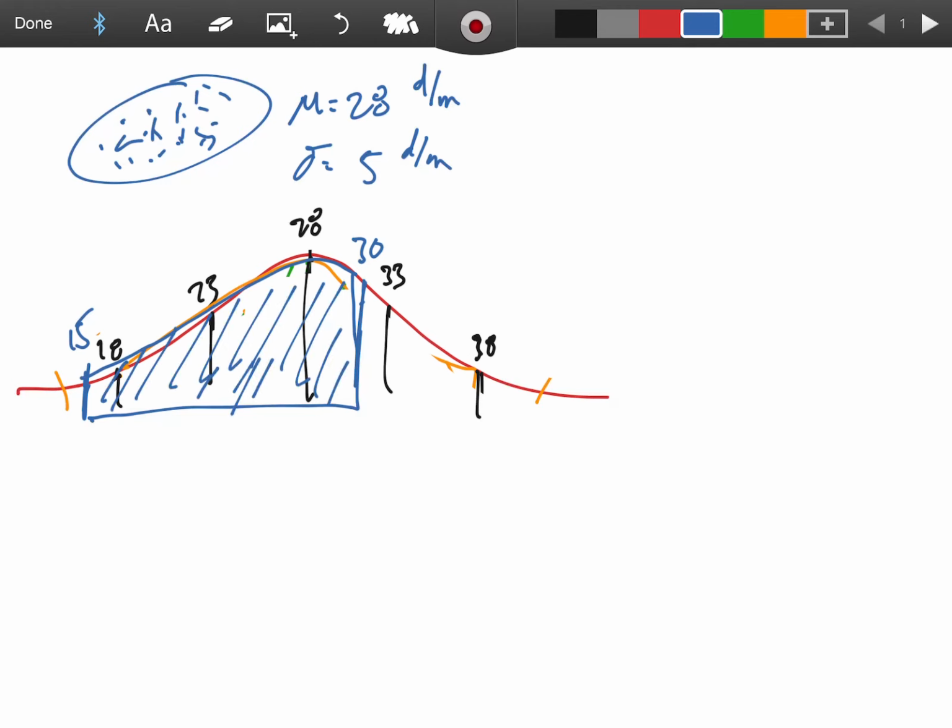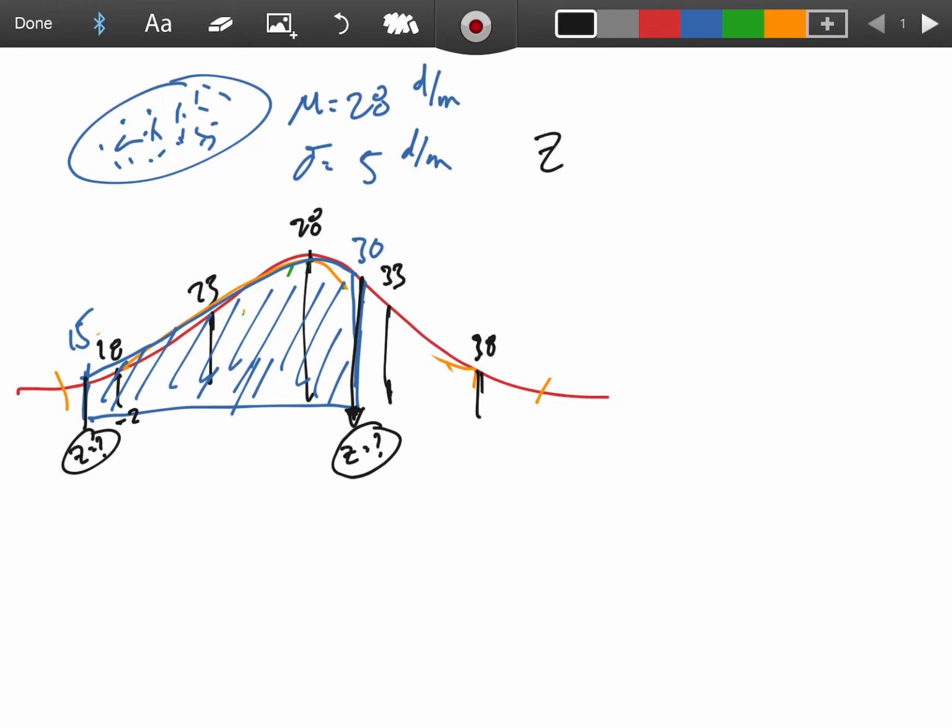How many U.S. adults eat between 15 and 30 donuts? Well, this is where I'm going to use some of the tricks that the normal curve allows me to do. So I come down here, and what I need to know is, what is the z-score here? And what is the z-score here? I know that this z-score is going to be less than 1, and I know that this z-score is going to have a value that's a little bit bigger than minus 2.